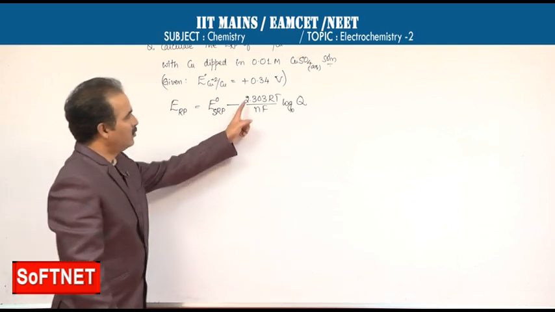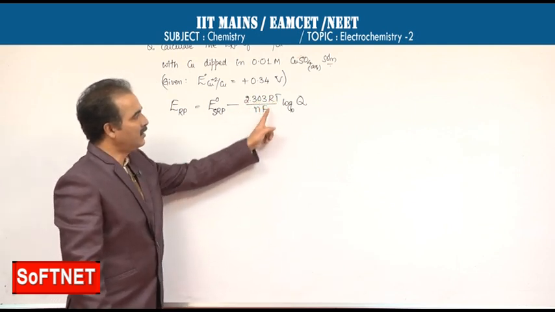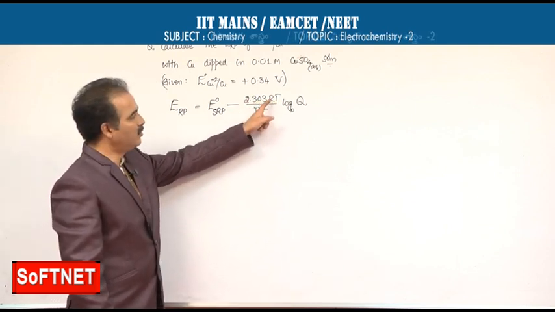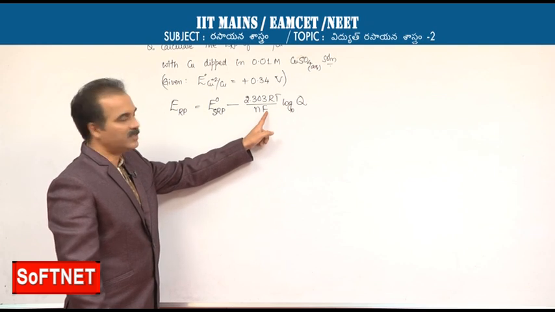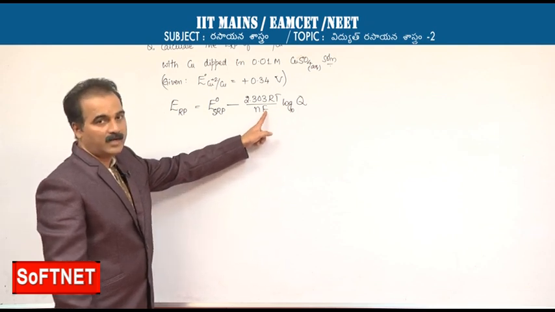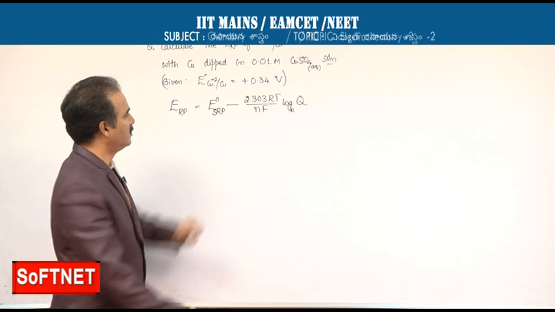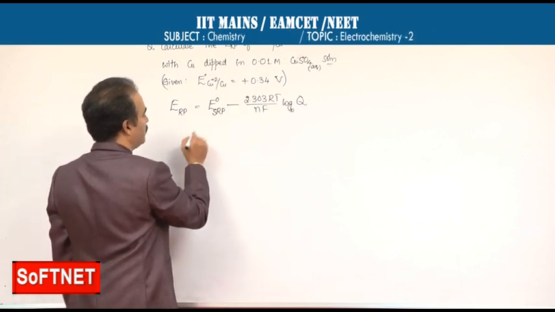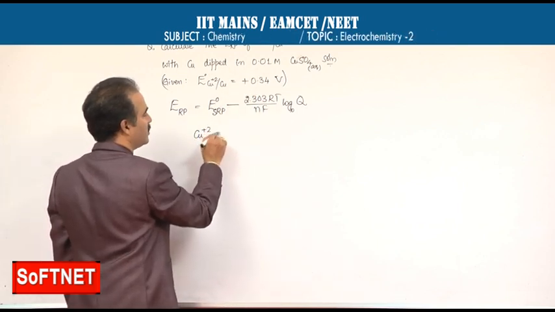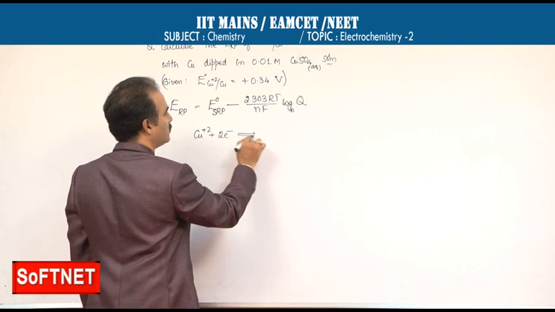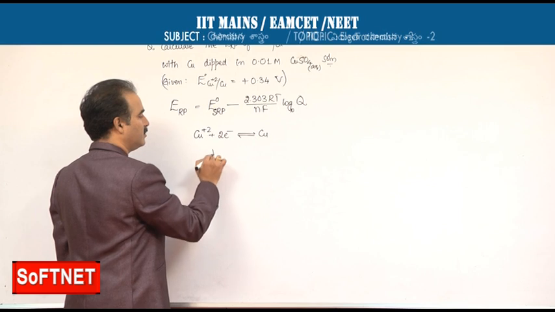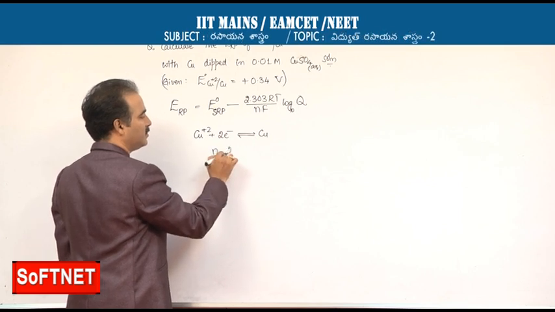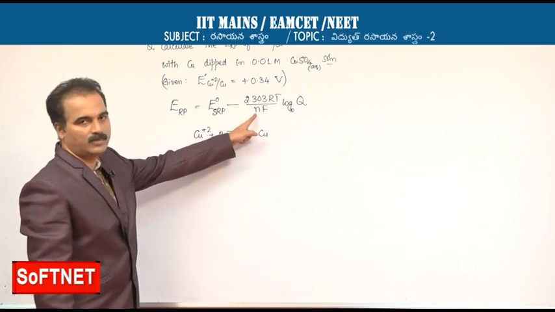Here, 2.303, R, T and F are all constants. You know R is 8.314 joules, T is the absolute temperature, that is standard conditions or whatever temperature is mentioned, and F is Faraday, 96,500 coulombs. According to this electrode, the reaction is Cu plus 2 electrons gives rise to Cu. So, the number of electrons involved is 2, and we can substitute 2 here.